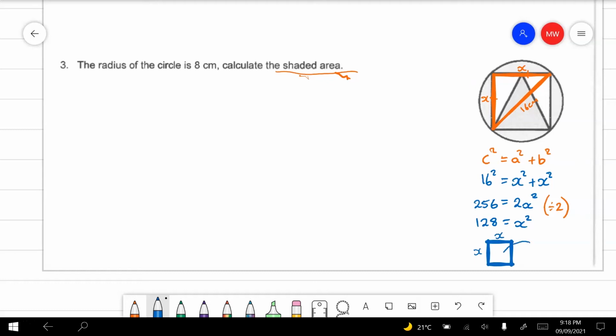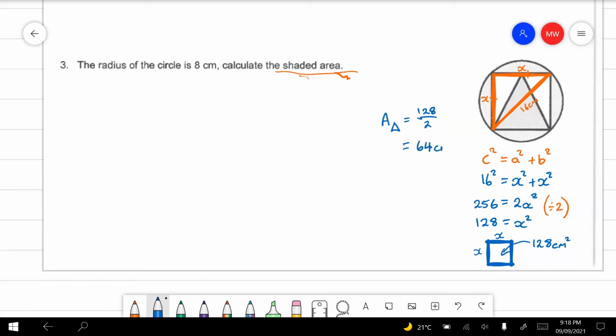So the total area of this shape is going to be 128 square centimeters, and I want to know what half of that is. Okay, so the area of my triangle that I'm going to subtract away is going to be half of 128, which is going to be 64.